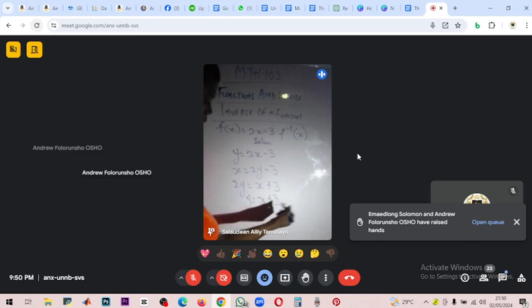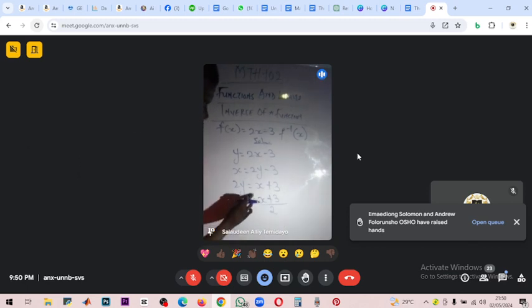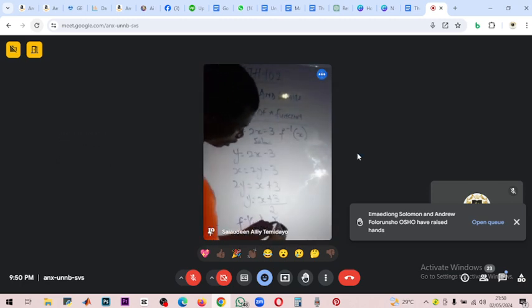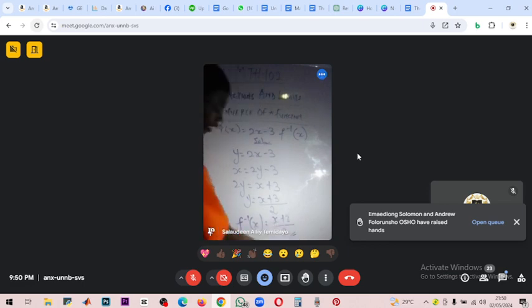So I've gotten this as y. The last thing is just to change it to f inverse of x. So f inverse of x equals x plus 3 over 2. That's all. So the inverse of this function is x plus 3 over 2.